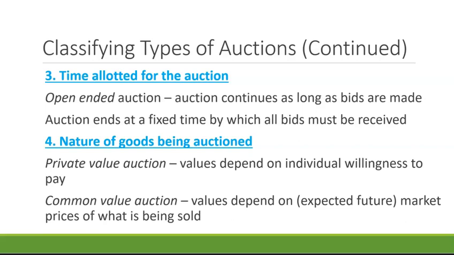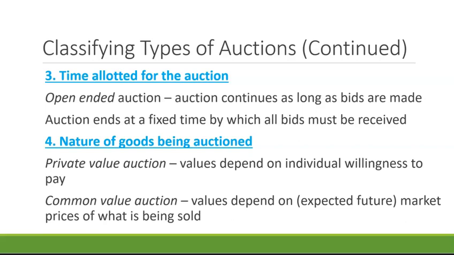So, for example, if we went to a cattle auction, the people buying the cattle would have to think about the price that they would be able to get in the future when they sold those cattle, say for slaughter.